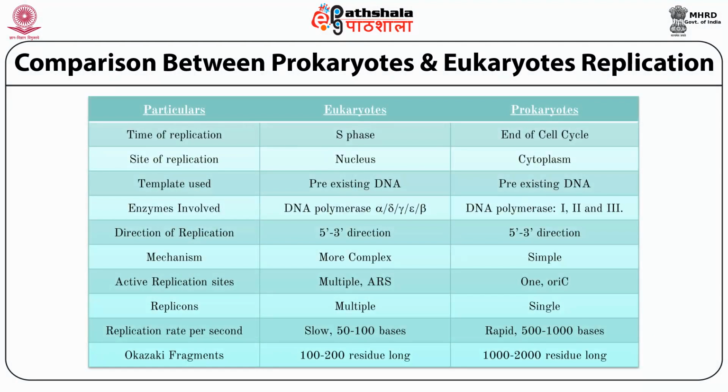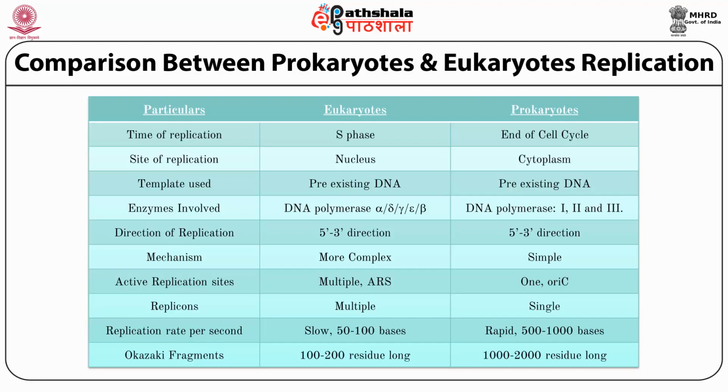Although the basics of replication remain the same in prokaryotes and eukaryotes, the eukaryotic replication shows some striking differences as compared to the prokaryotic replication. The main similarity is that the replication occurs in the 5' to 3' direction in both and is mediated by polymerases. However, the differences occur in many steps.